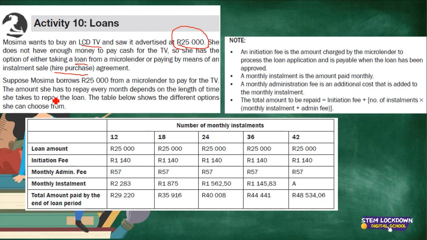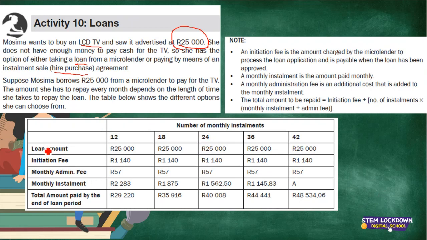The amount she has to repay every month depends on the length she takes to repay the loan. The table below shows the different options she can choose from. So she's decided to go for a microlender. Here are the options she can choose from, right?